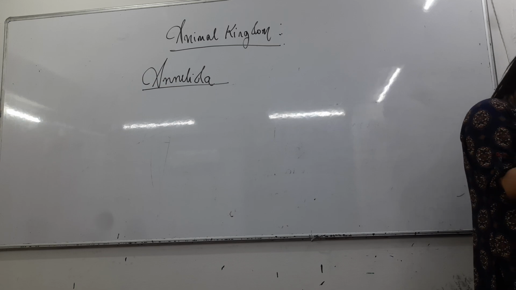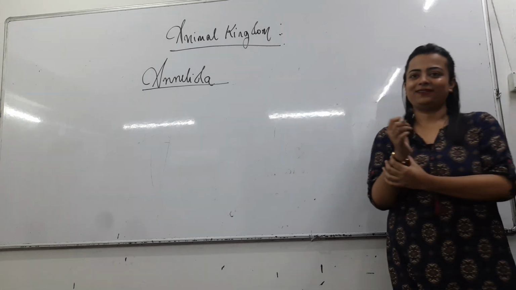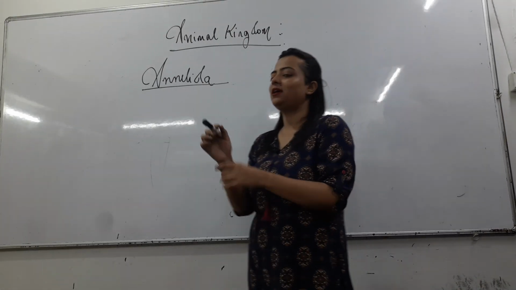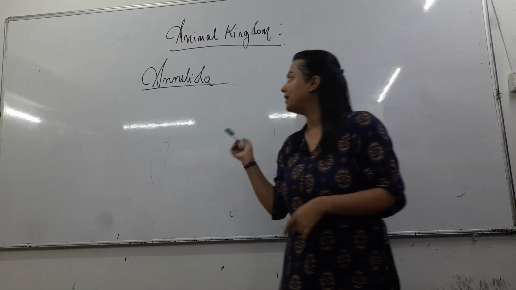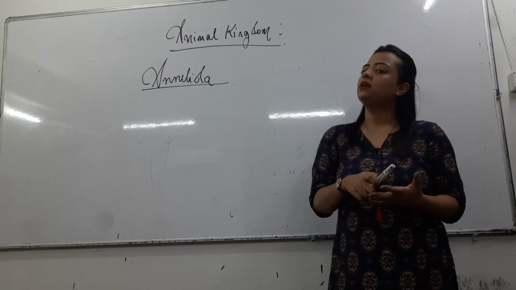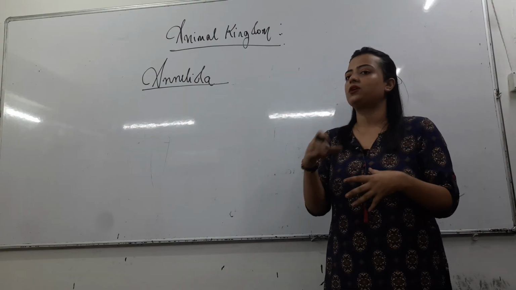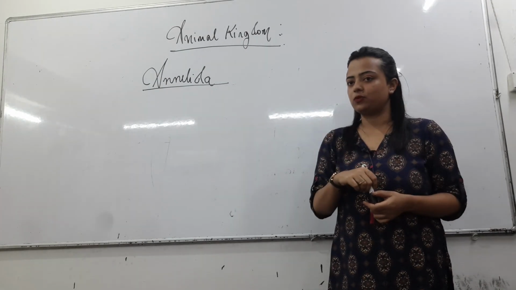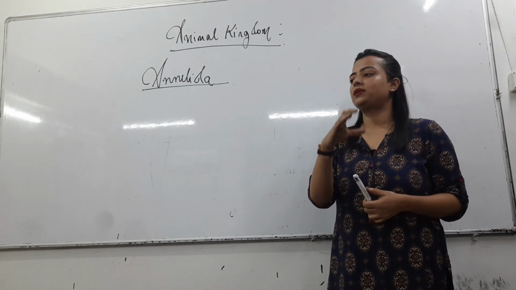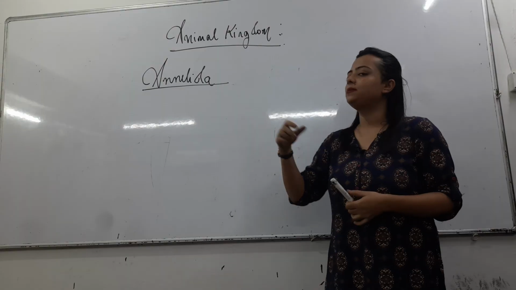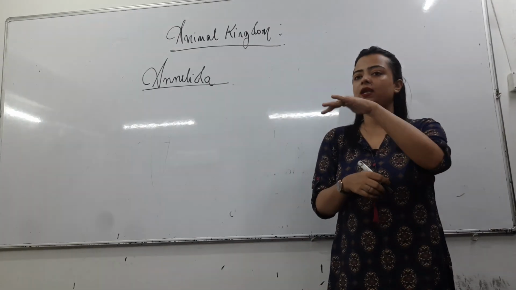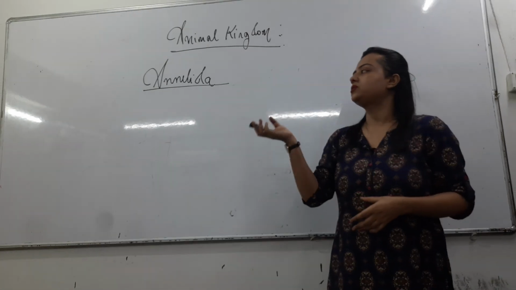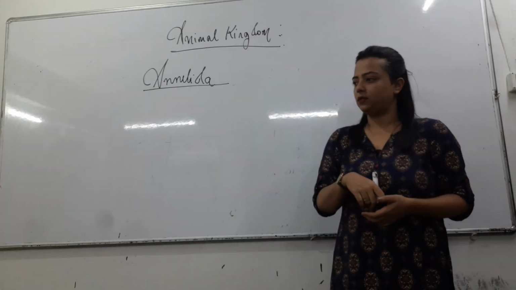Earthworms. Okay, they have ring-like structures. Annelida, the name itself means organisms which have ring-like structures in the body. In classification you studied segmentation. Yes, they have segmented bodies, with repetition of certain organs. Those kinds of organisms fall under Annelida. So write it down.